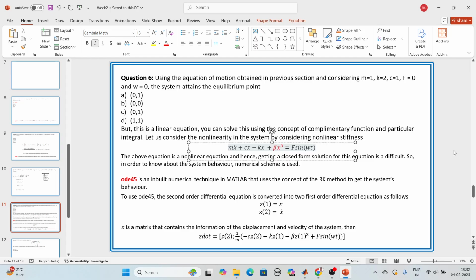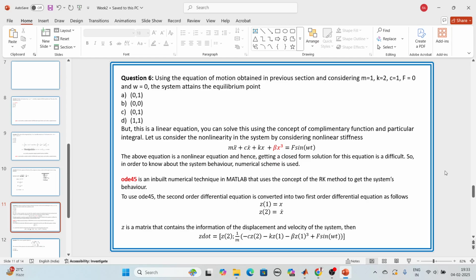So what are you going to do? In that case, we use the ODE45. I discussed ODE45 in the previous live session also. However, I thought I'll give you a brief about how we use ODE45, because last time I just gave you the code and solved it. I thought I'll discuss the logic with you all.